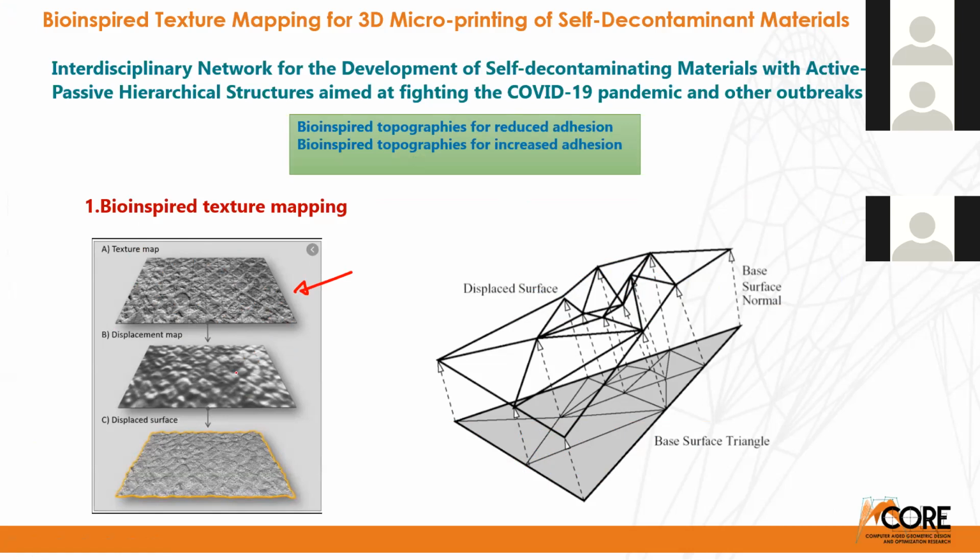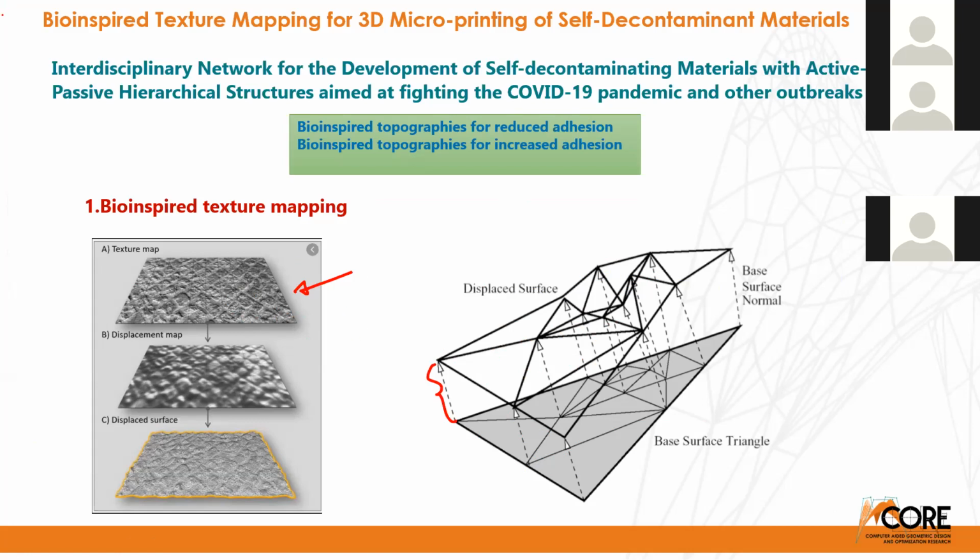And then we do this texture mapping, as I explained earlier, by adding to the vertex these heights coming from the image. So we modify the structure to present the same micro and perhaps nano structures that we see in the biological structures.